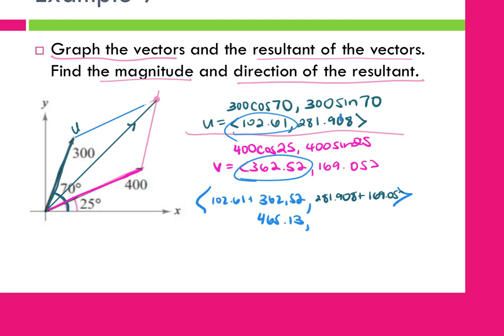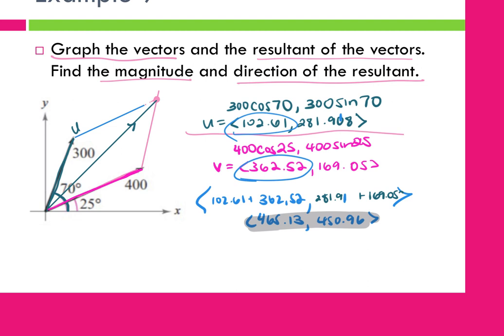That should have just been 281.91, plus 169.05. And I get 450.96. So that's the component form of U plus V, or the resultant vector.